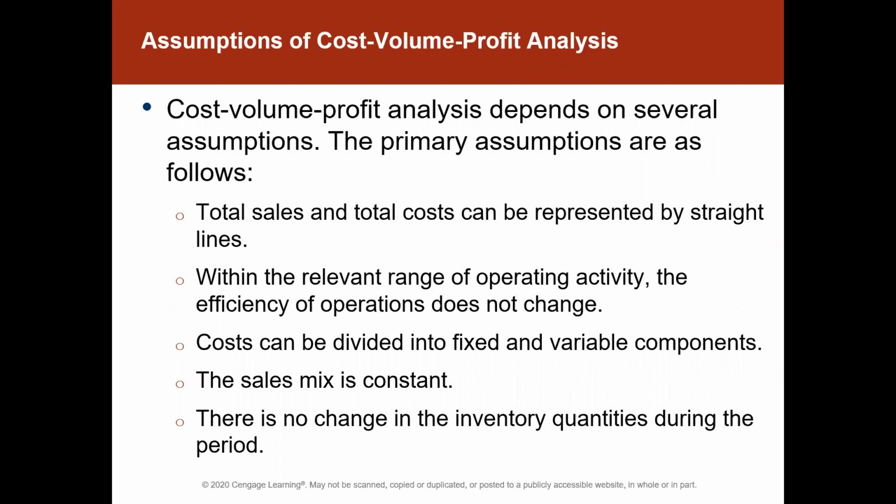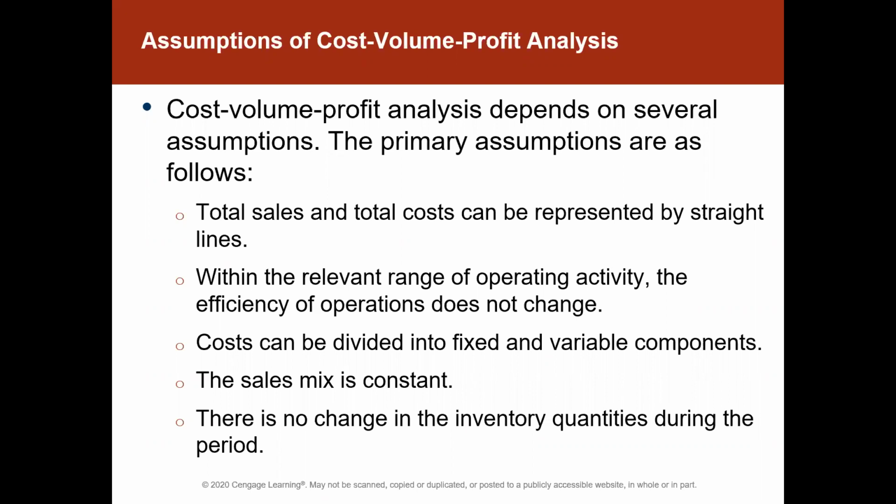We also have to be able to separate any mixed costs into their fixed and variable components. And I would go a little bit farther with that third bullet point to say, we also have to know which costs are fixed and which are variable, or be able to determine that. So if we think a cost is fixed and it turns out it's variable, that's going to change our analysis. It's going to make it less reliable, less robust.